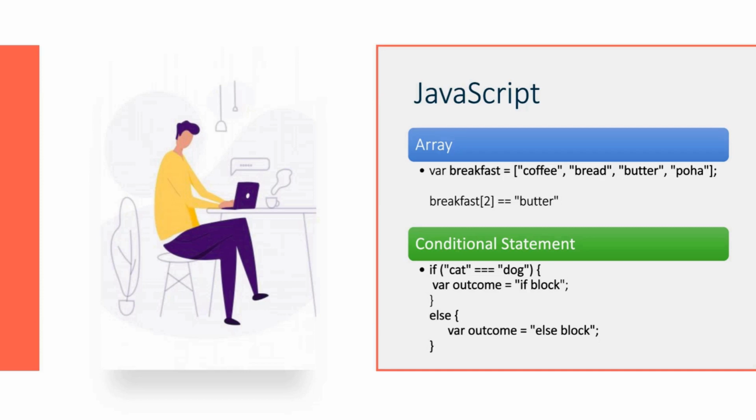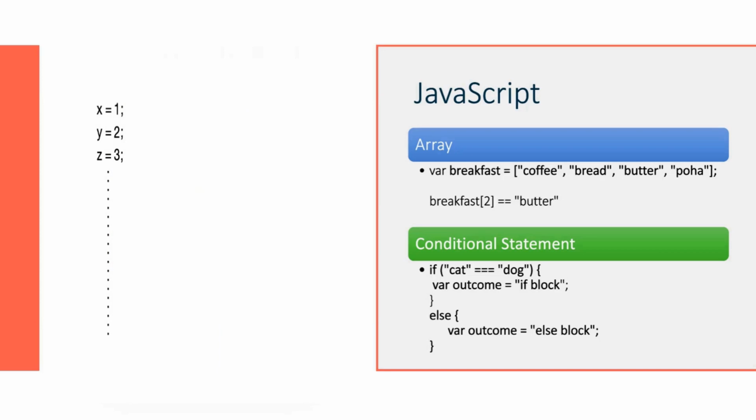What is an array and why do we need them? An array is a special variable which can hold more than one value at a time. Imagine we need to store names of all the students in our classroom. One way is to make a variable var student1 equals to the name of student1 and do this for 50 times.